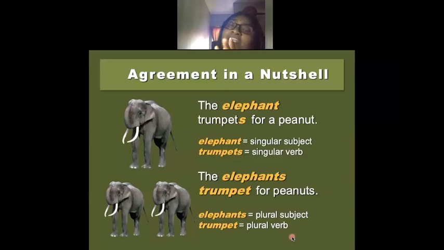When you see an s on the verb, it is actually a singular verb and not a plural verb. So the second one would be: the elephants trumpet for a peanut. So here there are two elephants, so they are a plural subject, and trumpet is a plural verb. So if you see a verb without an s, that is called a plural verb.